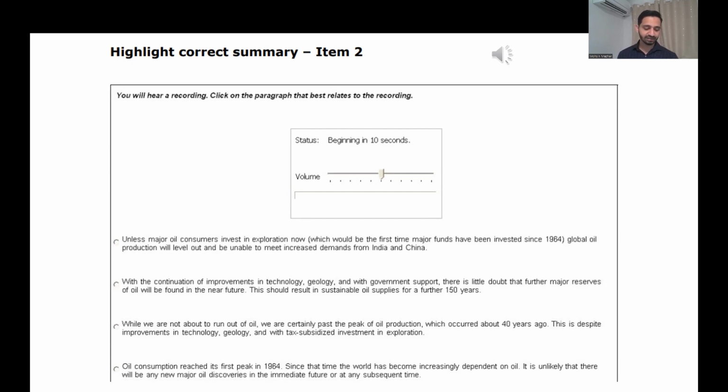And finally, it's been falling despite a very happy economic environment whereby most of the cost of exploration is written off against tax. So I would say, in view of all of those incentives and all of those benefits, if discovery has actually been falling relentlessly, there is no good reason to think that this trend is going to change direction. So in other words, we have passed the peak.